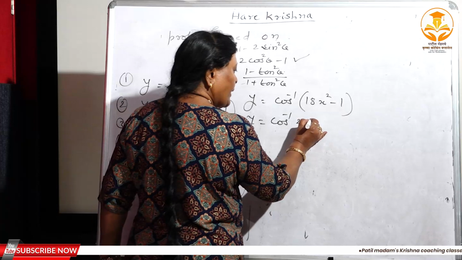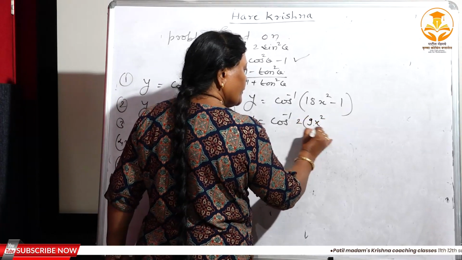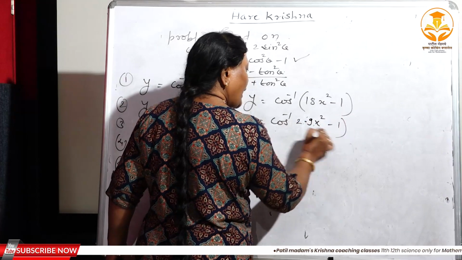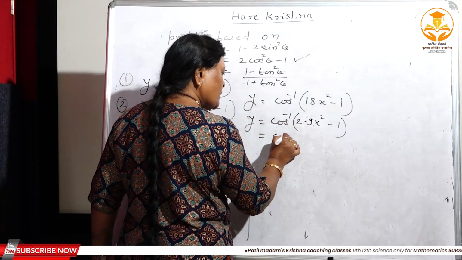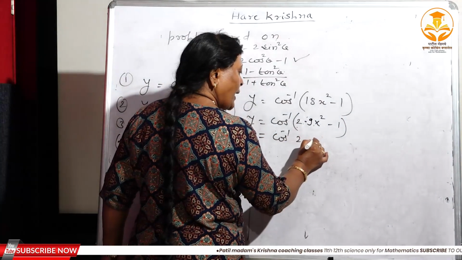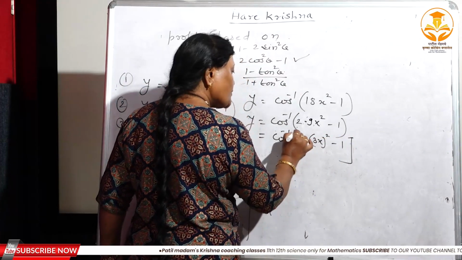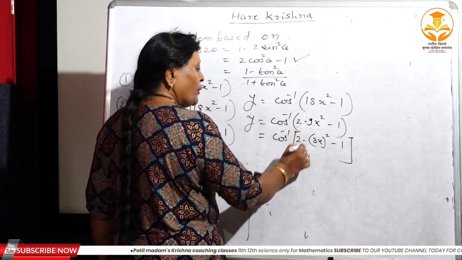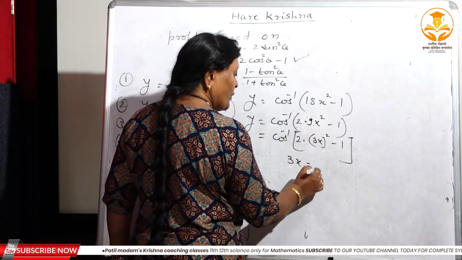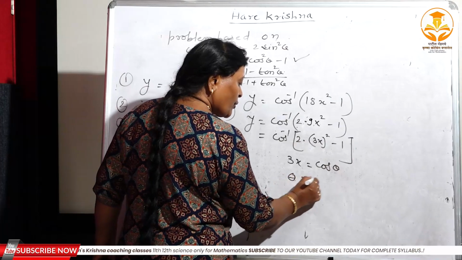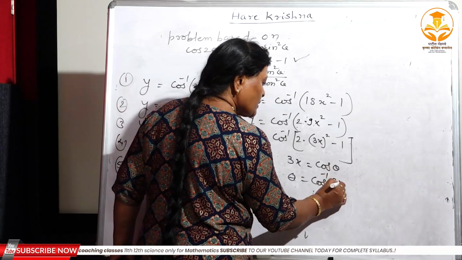Here you can write 9x square minus 1, and this 2 remains as it is. 9x square you can write as 3x whole square minus 1. Now, where do you have to substitute? Obviously, you have to substitute 3x is equal to cos theta. Therefore, theta is equal to cos inverse of 3x.